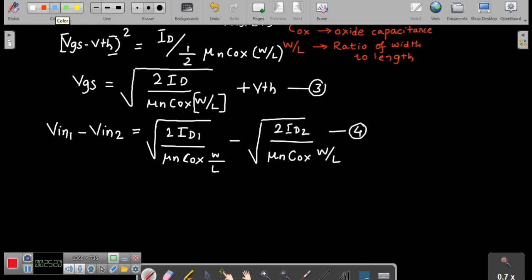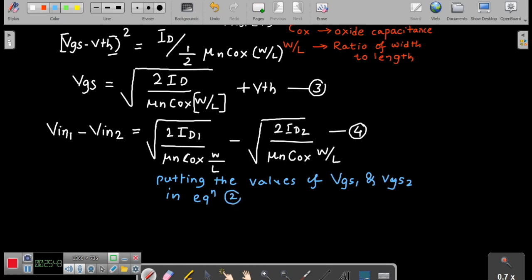This is by putting the values of VGS1 and VGS2 in equation 2. I will go back to that equation.